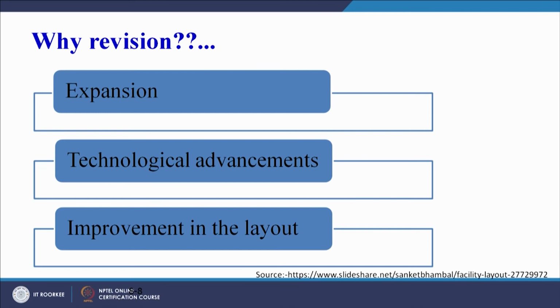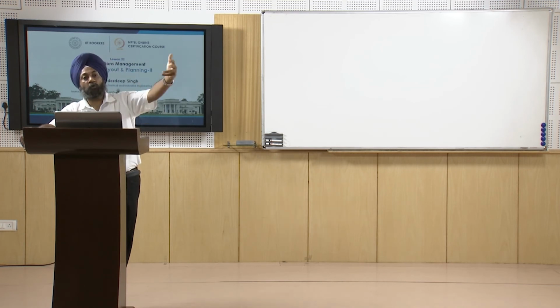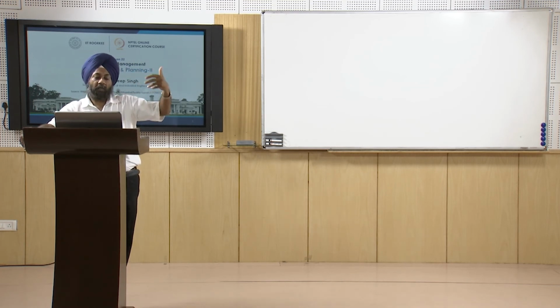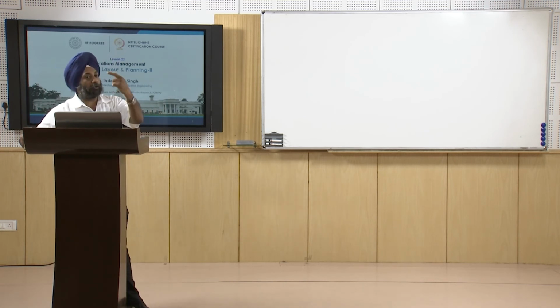Now why is revision required? As I have already explained in the previous slide, sometimes companies may need to expand, to bring in more machines, so they need better utilization of the space existing with the company. There can also be technological advancements. It may so happen that the task of 4 machines can now be done on a single machine.